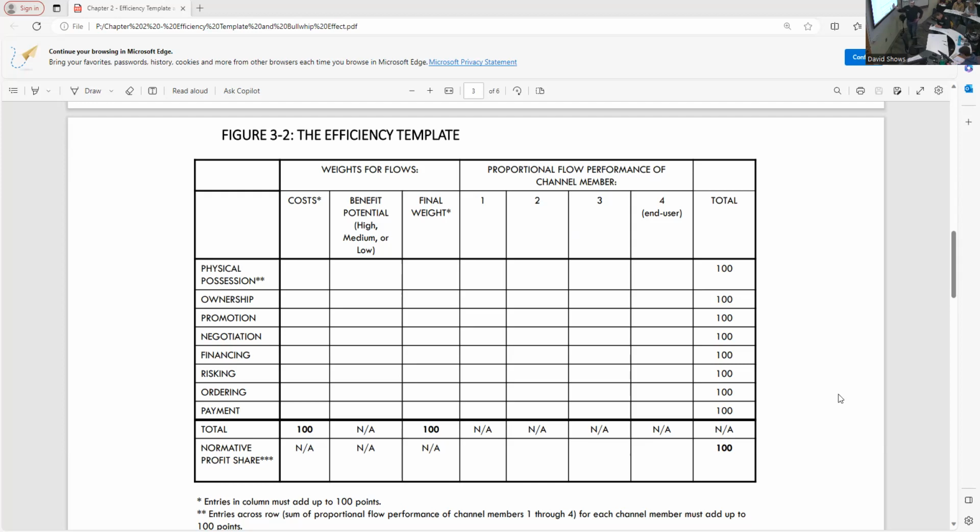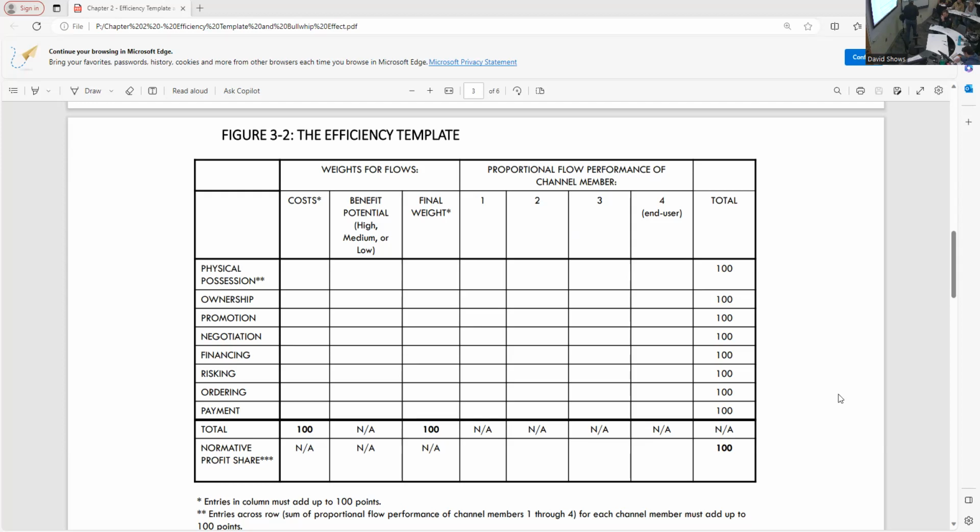The benefit potential, which you will not have to put in either, reflects research that has been done that shows you the value that that particular item brings. So, if physical possession and ownership are high in the benefit potential, they're marked high. If ordering and payment is low, it'd be marked low.